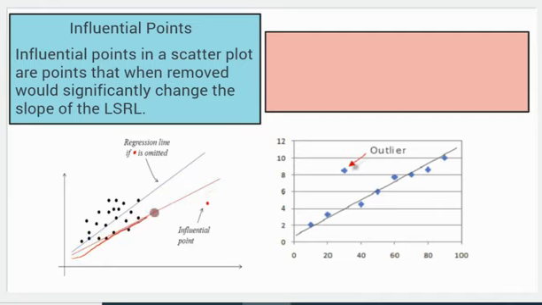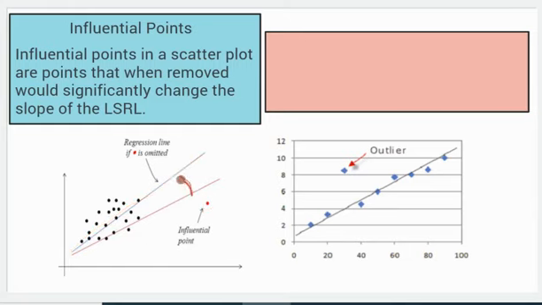So this red line right here is our line of best fit with this point over here. But if we were to take that point away, if this point were to go away, we can see that this is the regression line if we omit that point. And so this blue line right here is our line of best fit, or the least squared regression line, if that red point goes away.